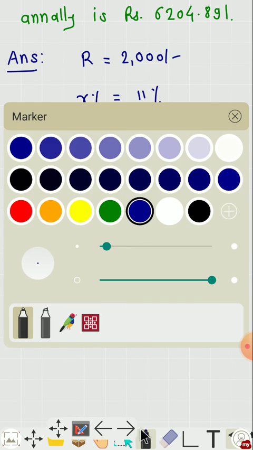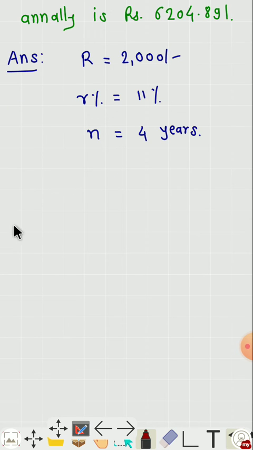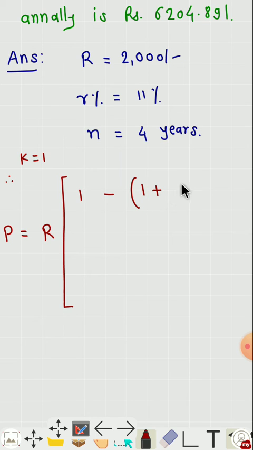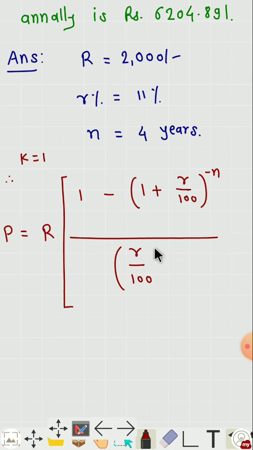So our formula for present value P, which I will write for k equal to 1, is P is equal to R inside the bracket, 1 minus (1 plus r upon 100) whole raised to the power minus n, and total divided by r upon 100, and bracket close.